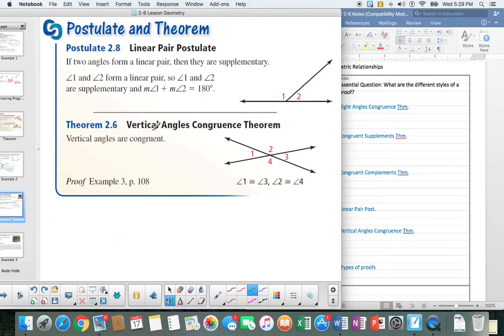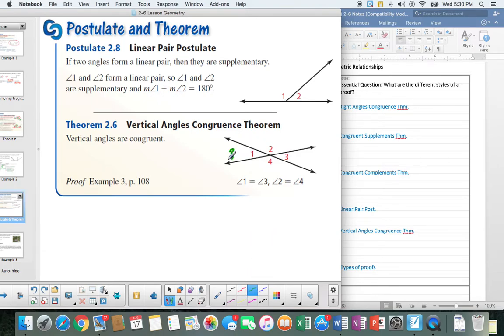Here's our next two. One's a postulate, linear pair postulate. When you see two angles making that line, then we know that they're going to be supplementary. Vertical angles. These are vertical angles right here, and we're going to prove that they are congruent in a few minutes, but let me just use some numbers to help you.